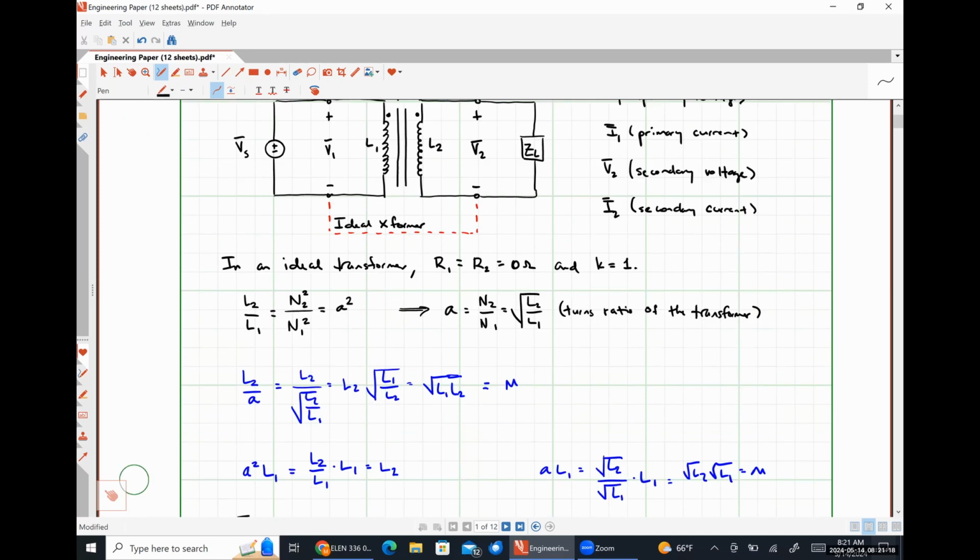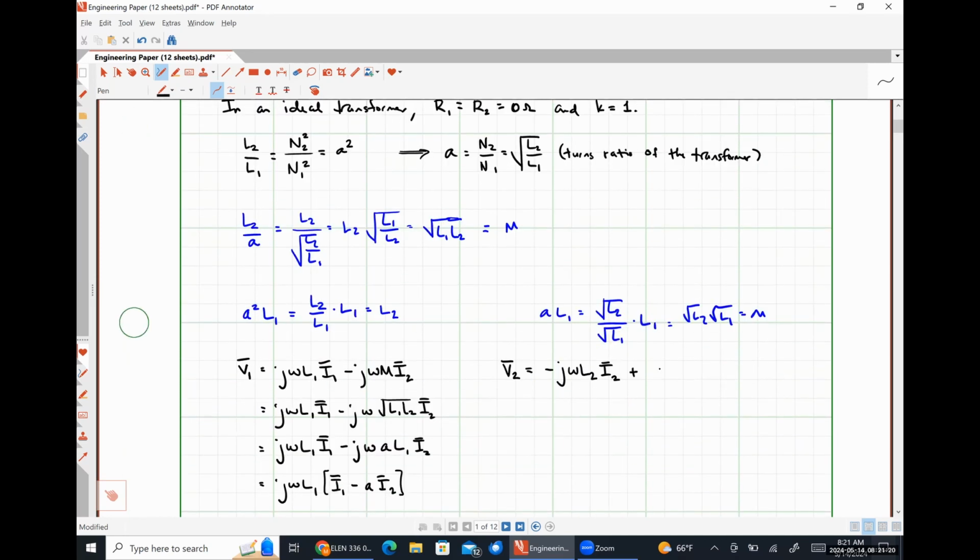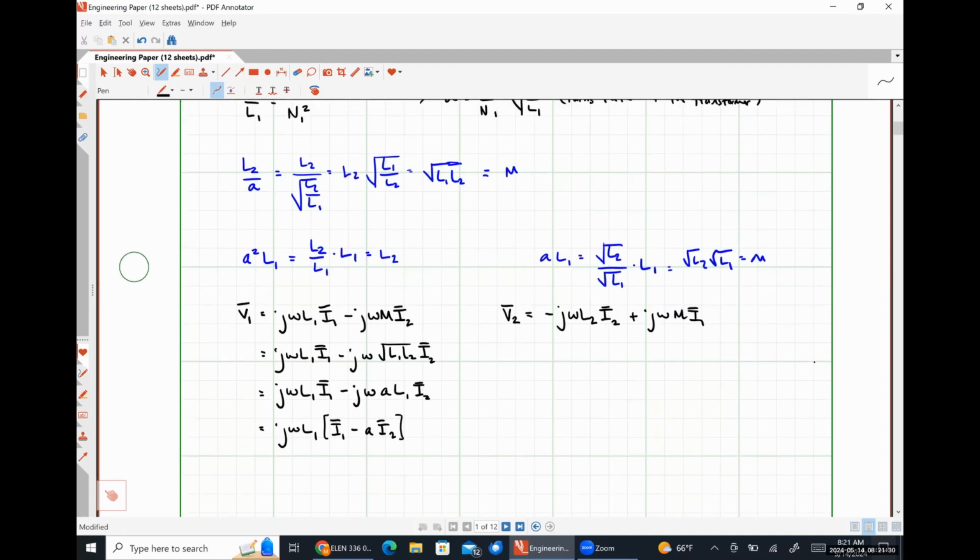So that's going to look like plus j omega M times I1. Now we'll make a couple of substitutions. The first thing that we can do is replace L2 with A squared times L1.